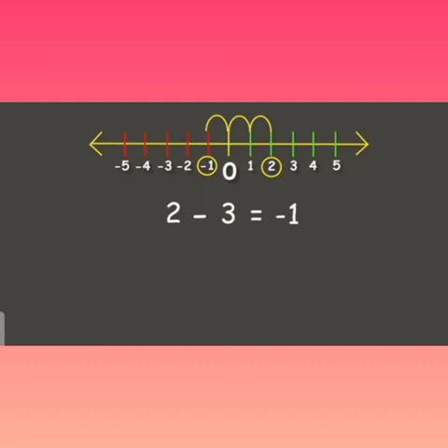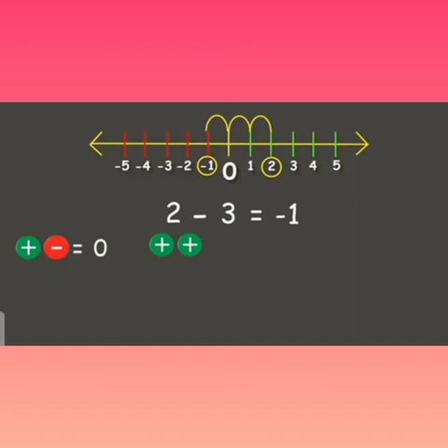Now let's try to solve this using our counters. We have 2 positive, and we need to cancel out 3 positive from it. But as you can see, we only have here 2 positive. This means that we need to borrow. We need to borrow from 0. As you remember, a pair of 1 positive and 1 negative is equal to 0.